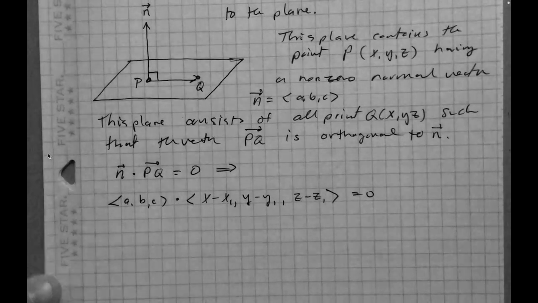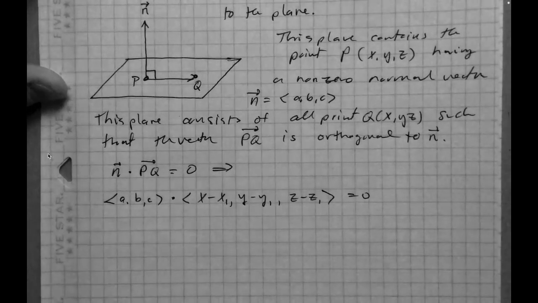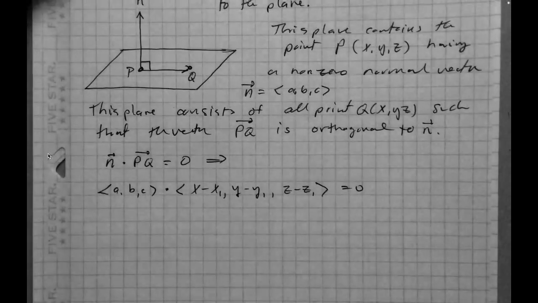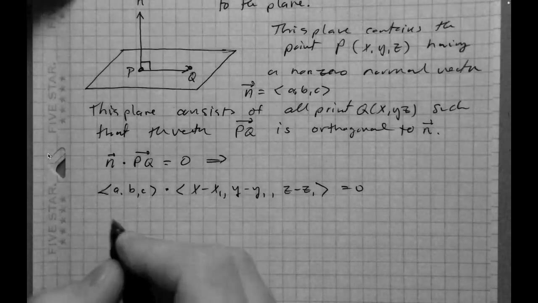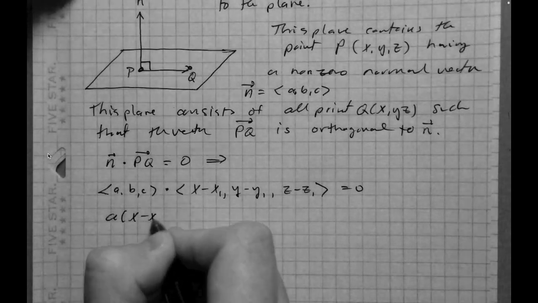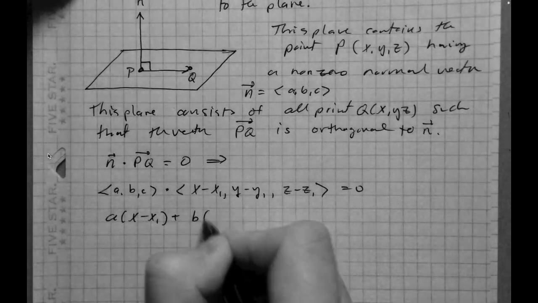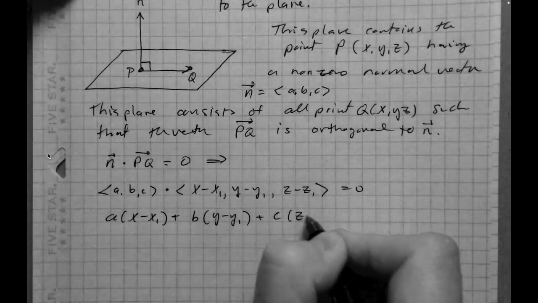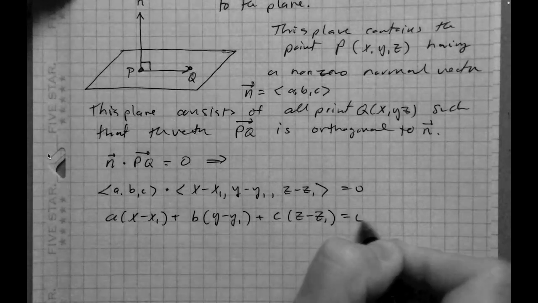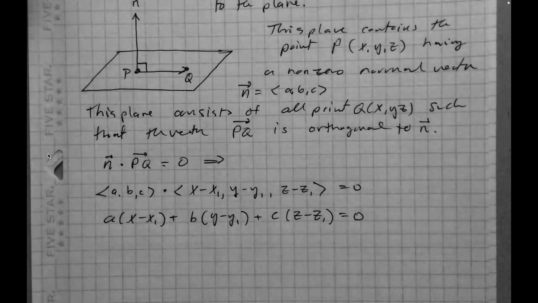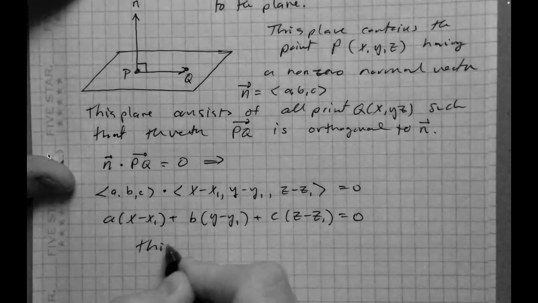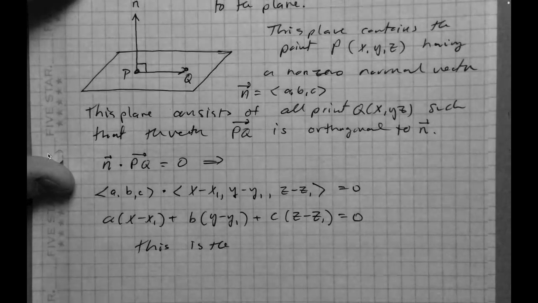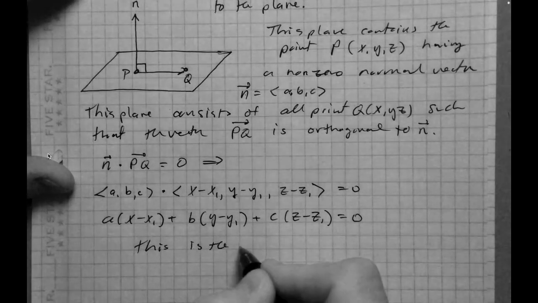So we can derive the equation for a plane using this. And what we see is that A times X minus X1 plus B times Y minus Y1 plus C times Z minus Z1 is equal to 0. Okay, this is the equation of the plane.